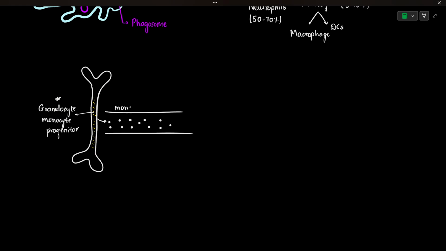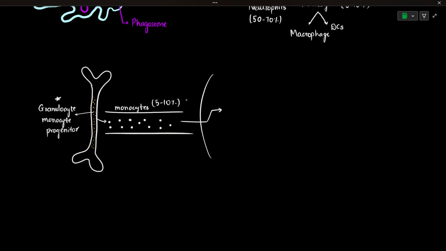So in the blood they will form monocytes. Okay, so now the blood has monocytes, which are the mature cells, which get differentiated from the granulocyte monocyte progenitor. So those monocytes are in the circulation and they make up 5 to 10% of all white blood cells. When they are in the blood and when they migrate to the peripheral tissue, upon migration they have two choices.